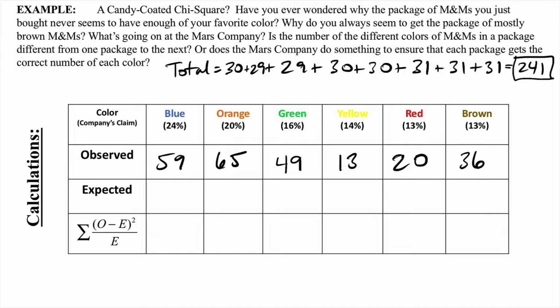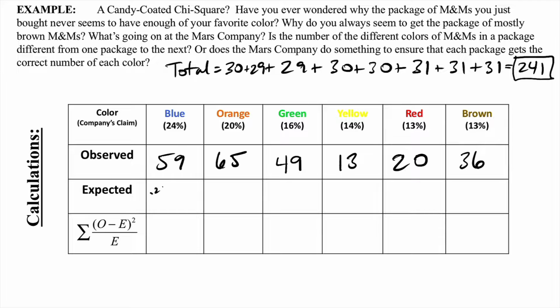Now, expected. How do we figure out how many blues we would expect? There you go. Good. So we show one box.